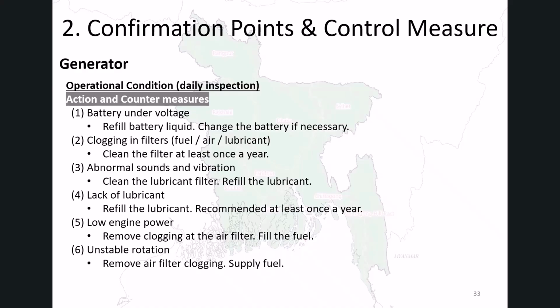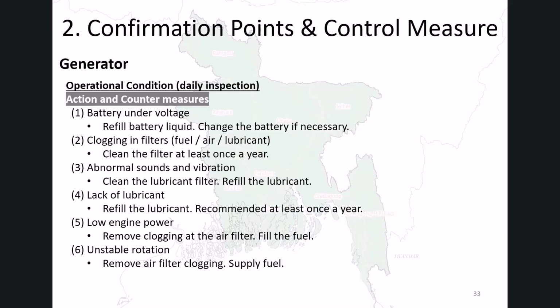Second, clogging in the fuel, air, and lubricant filters. When filters become clogged, engine efficiency decreases and power output is reduced. To prevent this problem, filters should be cleaned regularly. As a standard practice, filter cleaning should be carried out at least once a year or more frequently in dusty environments.